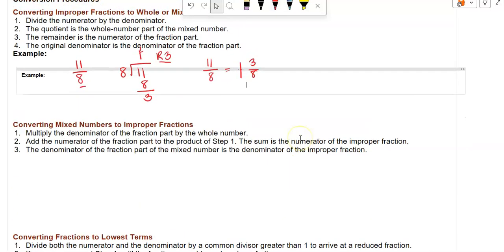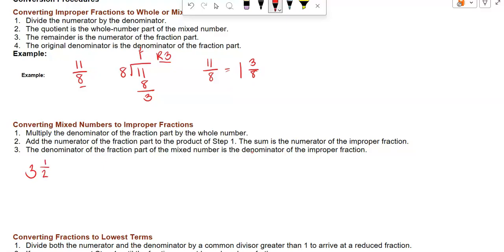Okay, and we can go the other way around. So we can convert mixed numbers into improper fractions. So let's say that we have 3 1/2 that we want to convert to an improper fraction. Okay, so step 1 is to multiply the denominator of the fraction part by the whole number.